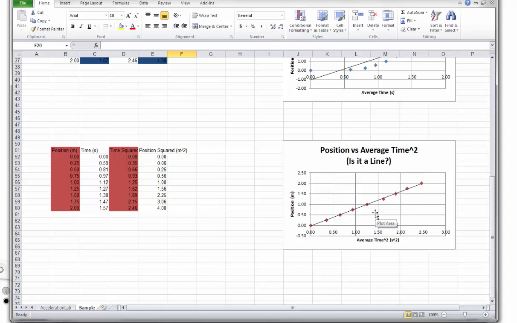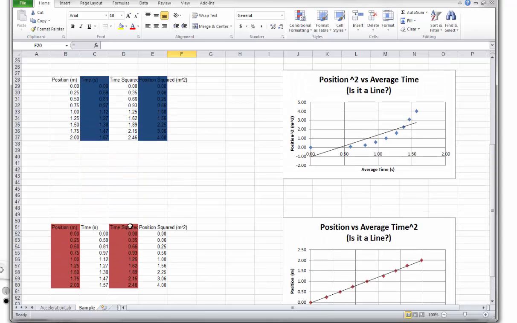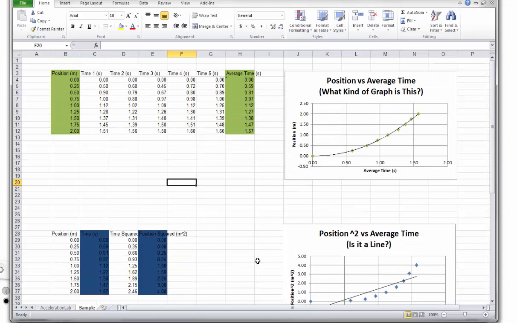Yes. And therefore, since I squared the time axes and left the position axes alone, this implies that this is in fact a parabola, and specifically it's a parabola of the type y equals x squared, or position equals something times time squared.